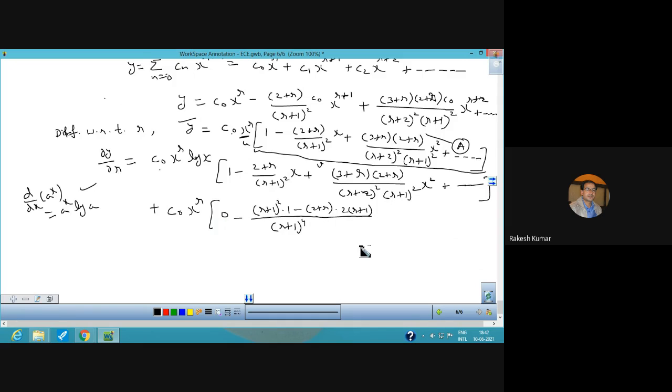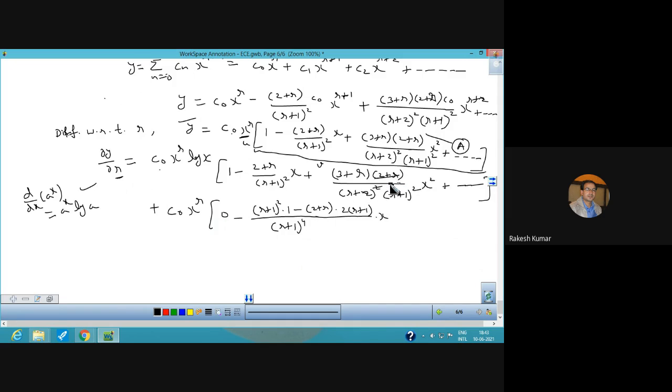This is the derivative. Similarly, into x is there. Don't forget to write x. Remember, we are finding the derivative with respect to r. Similarly, we should have a derivative over here. And remember, this is r plus 2 and r plus 2 whole square. So one (r plus 2) can be cancelled.